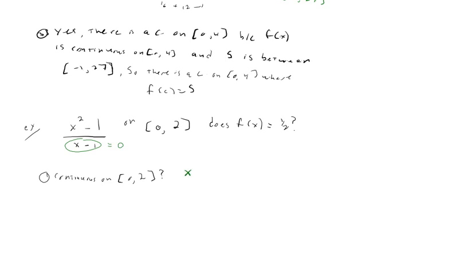Well, actually it's a hole. It's not a vertical asymptote. It's a problem, though. It's a discontinuity, because we are dividing by 0.